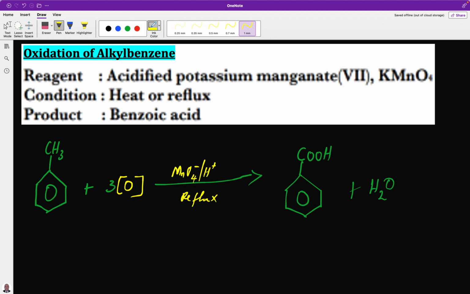You will see that the acidified potassium manganate 7 is used to oxidize the side chain, which is the methyl group, to the corresponding benzoic acid. From methylbenzene to benzoic acid.